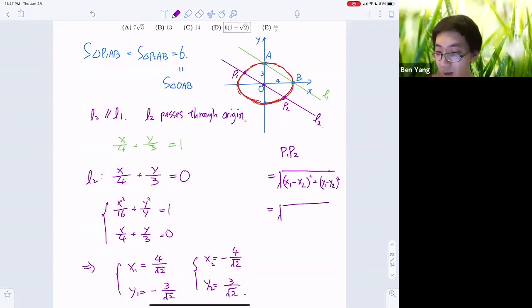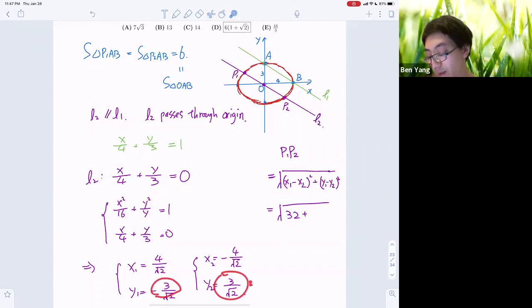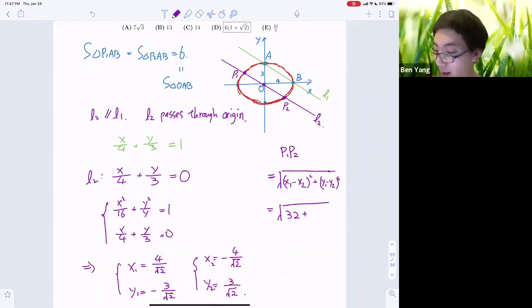What is that? x1 minus x2 is actually just 2 times x1, squared, so we have 32 there, plus y1 minus y2 squared, that will give us 18. So then we have 5 times the square root of 50, which is 5 times root 2.